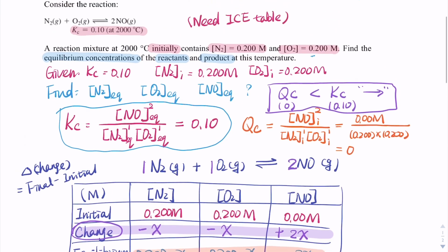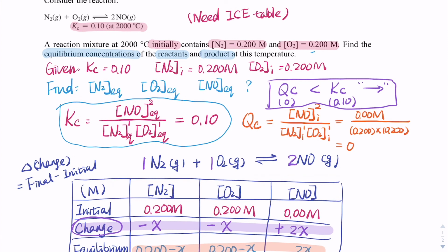This is how you solve this type of question. Again, the thought process: you know the equilibrium constant K_c, you know the initial concentrations, and you're looking for the equilibrium concentrations. First, we need an ICE table, and the next thing is to fill out the table, express Q_c, and then calculate Q_c compared to K_c, so you know which direction the reaction goes. That helps you determine the change, so you can determine the signs in the table.